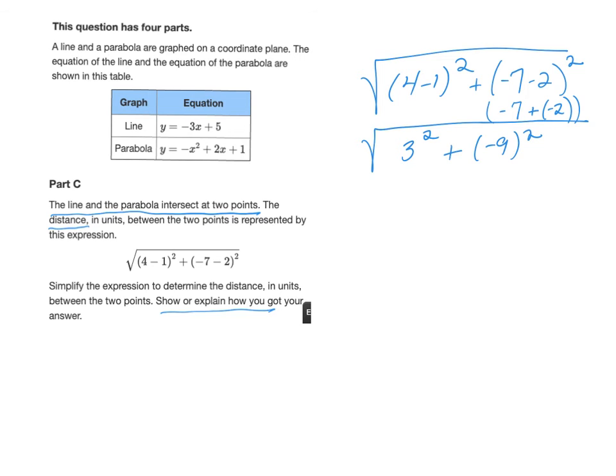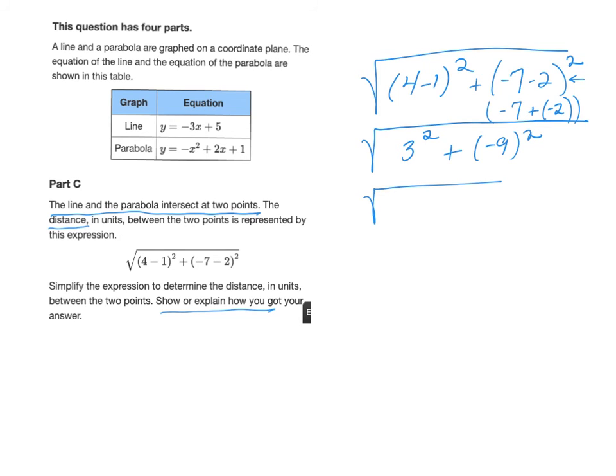You can also think of this as starting on the number line at -7 and then subtracting 2 more, so you're becoming more negative by 2 units. That's how we get the -9.